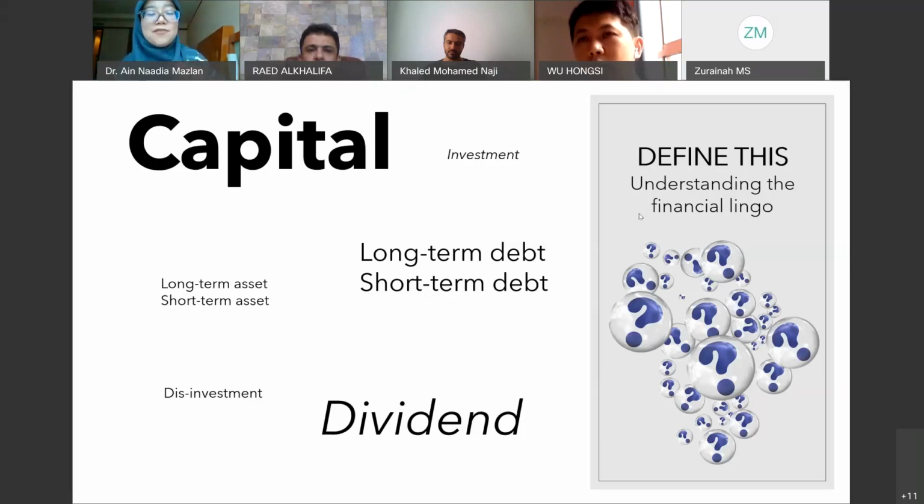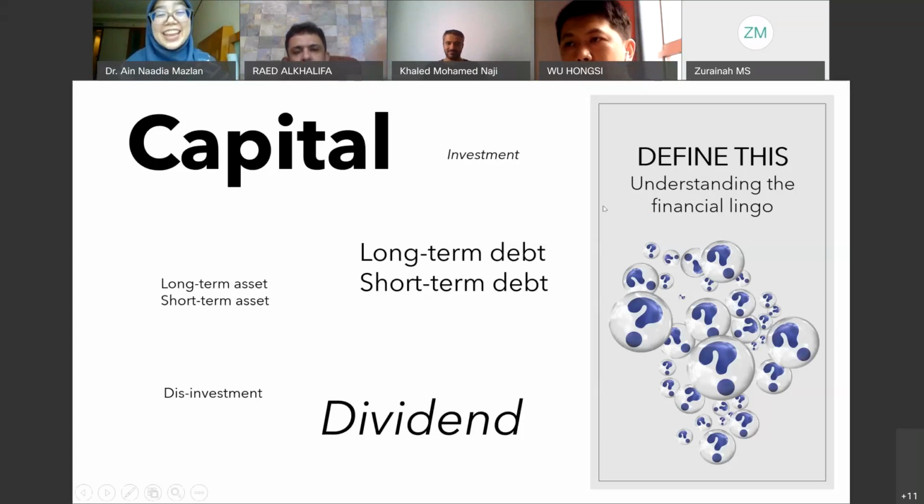If you have something longer than 1 year, then it's considered long term. It is the same with debt. Short-term debt is debt with a requirement of 1 year or less. Longer than 1 year is considered long term.